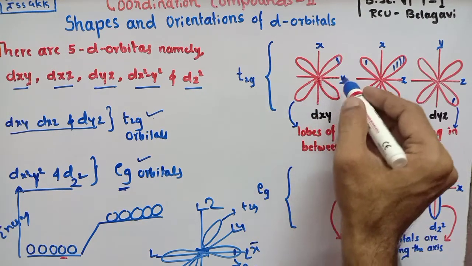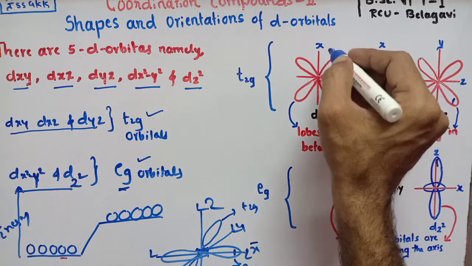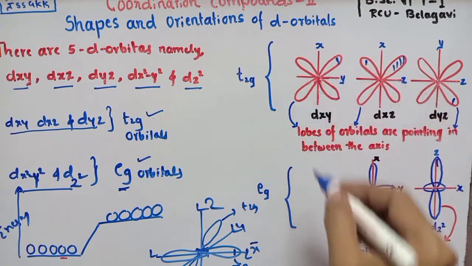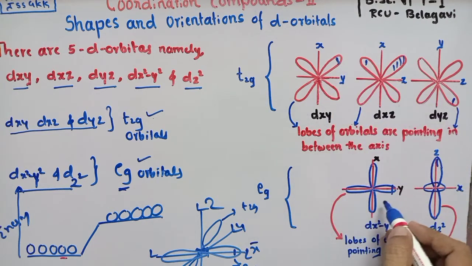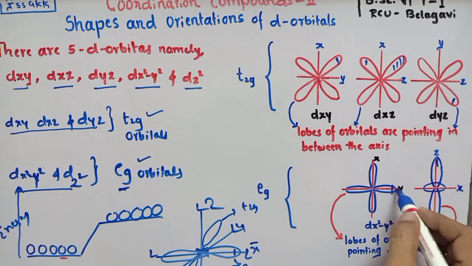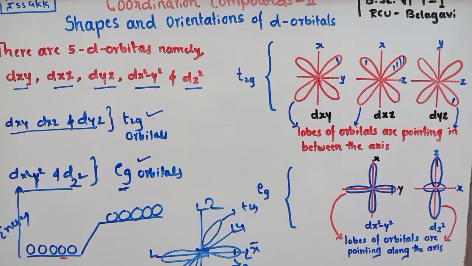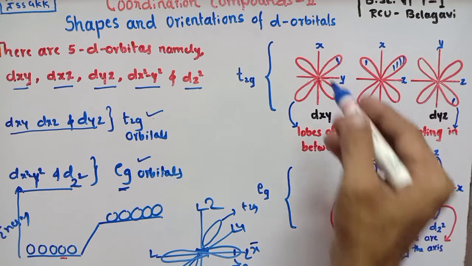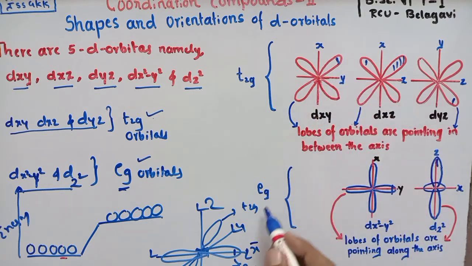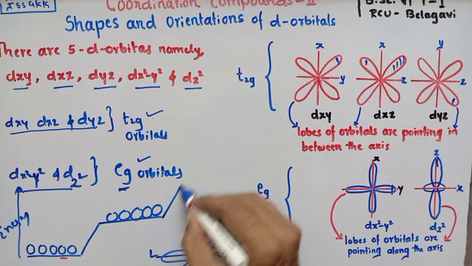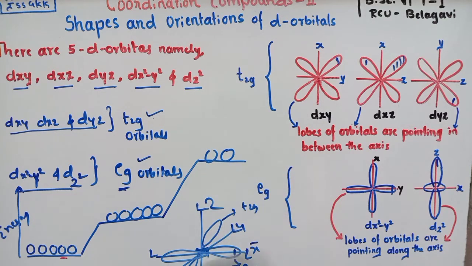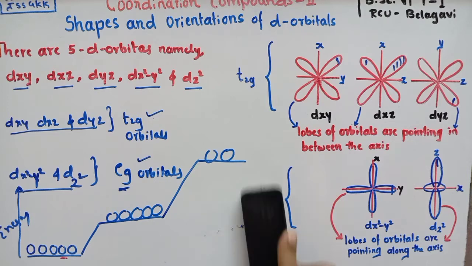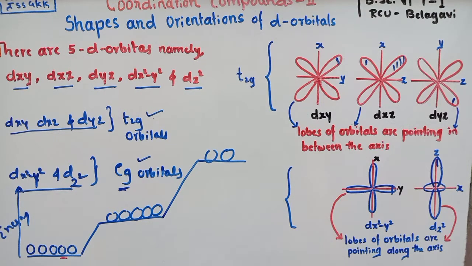The t2g orbitals will also experience repulsion, but less when compared to the eg orbitals, because their electron density is in between the axes, whereas in case of eg orbitals the electron density is lying along the axes. Therefore, more repulsion will take place for the eg orbital electrons when compared to the t2g orbitals. Therefore, the eg orbital energy increases, which we can show in this fashion, whereas the t2g orbitals experience less repulsion when compared to the eg orbitals.